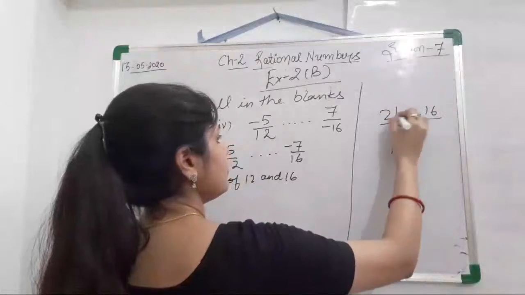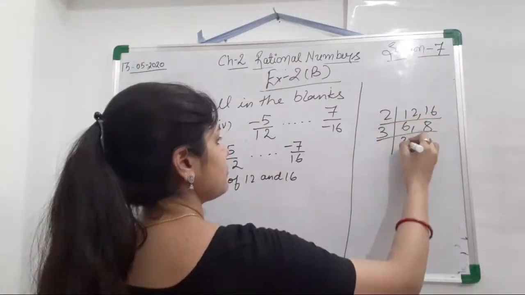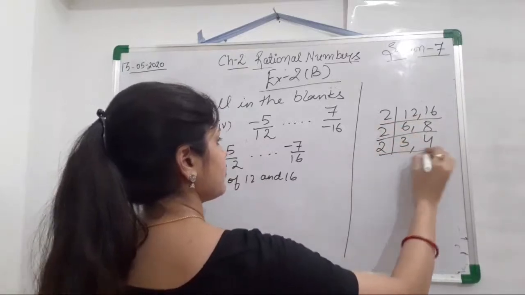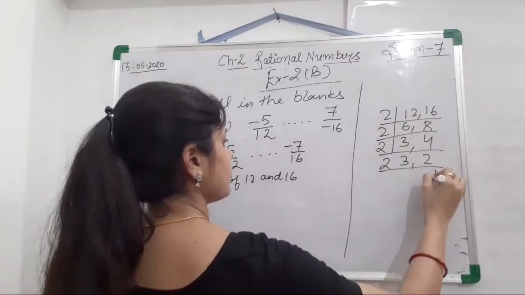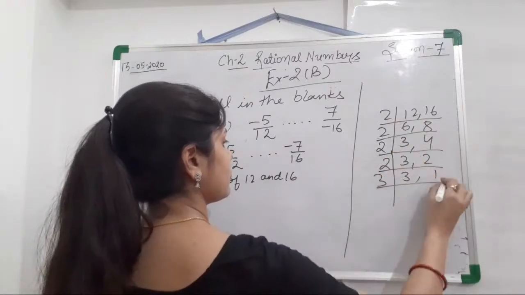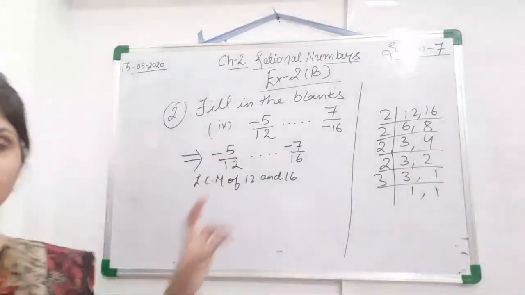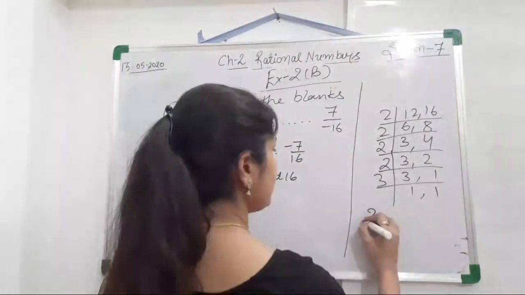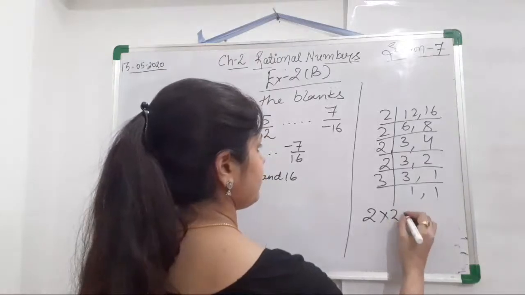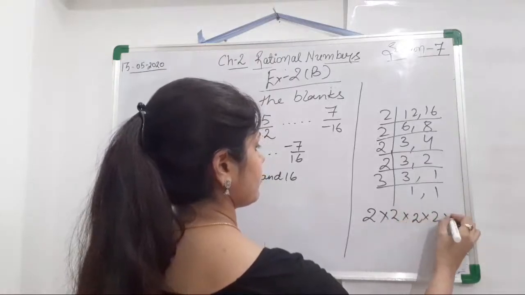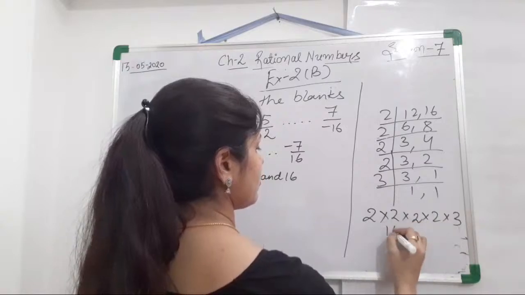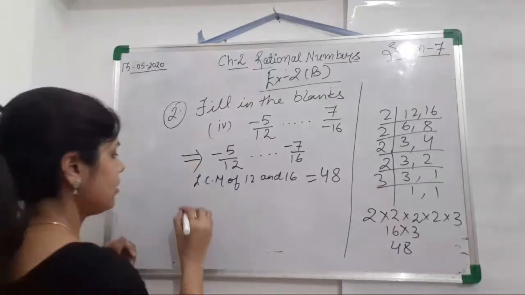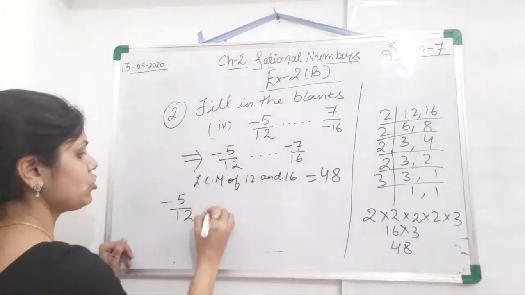What will come? 2 2s are 4, 4 2s are 8, 8 2s are 16, 16 3s are 48. LCM will be 48.